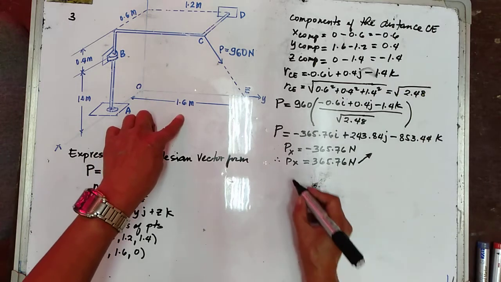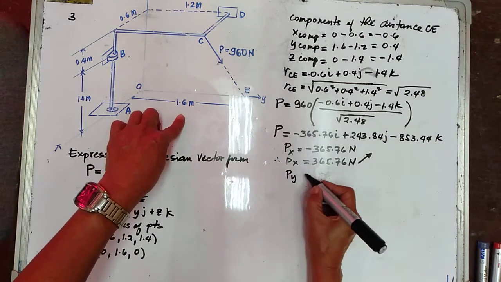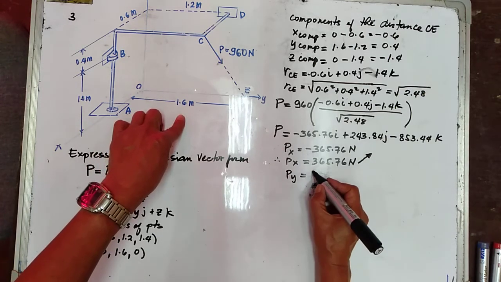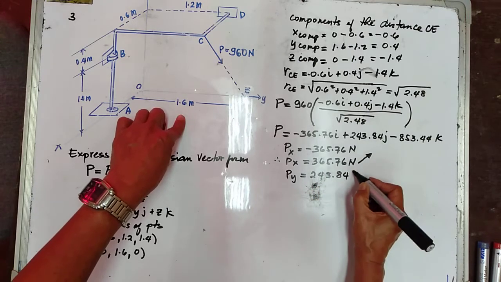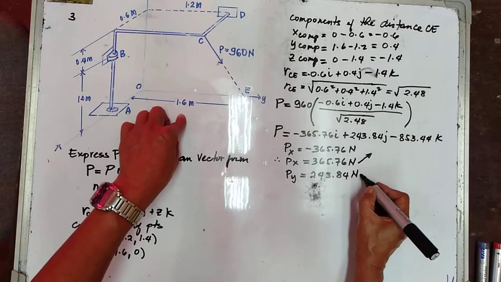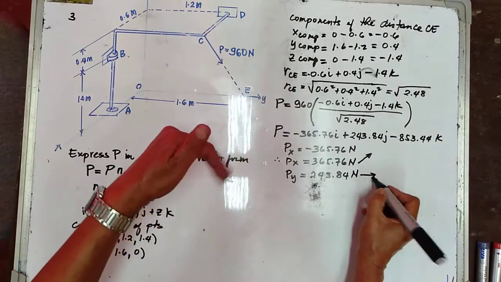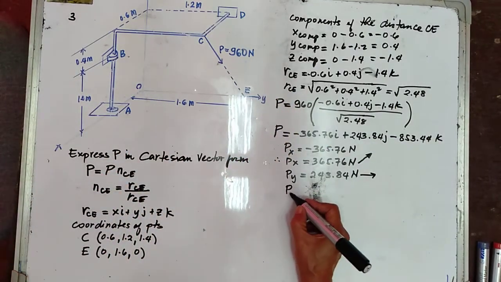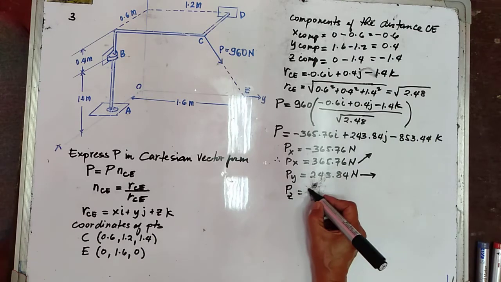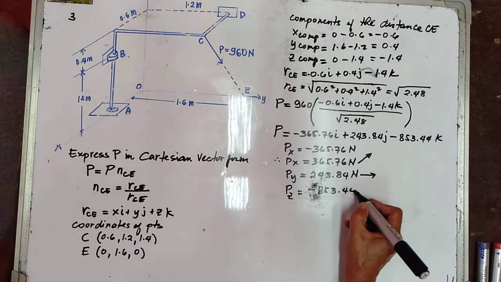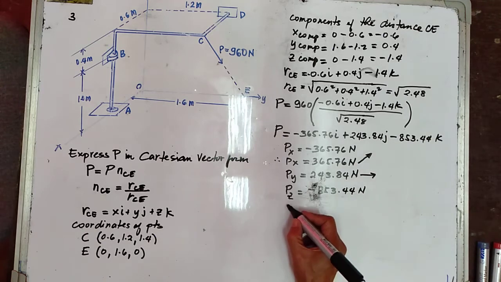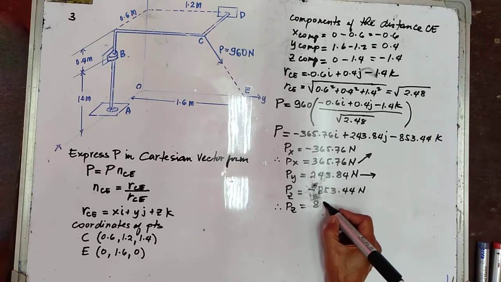Your y-axis, your Py is equal to 243.84 newtons. So that is positive, therefore it goes to the right. And your Pz is equal to negative 853.44 newtons.